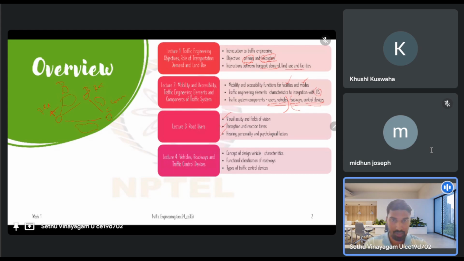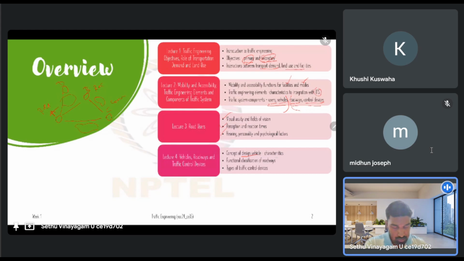So how do we design our system then? That's where we have this concept of a design vehicle. Because our designs cannot be adapted to each and every one of these vehicles, we need to have one particular design vehicle, designing for which will make sure that most of the vehicles that will be using that facility will be accommodated. That's where the design vehicle component comes in.